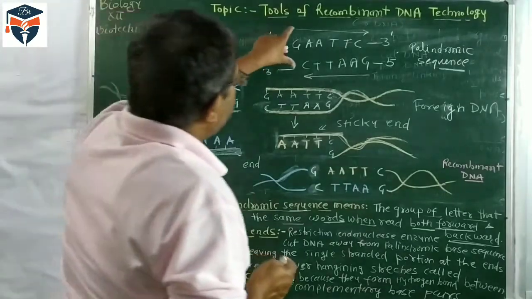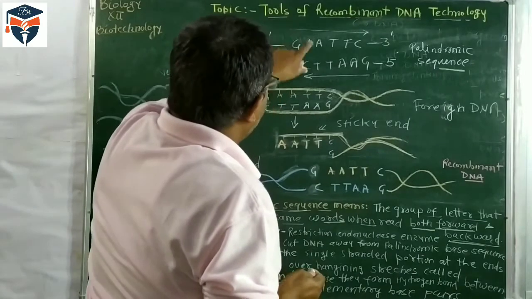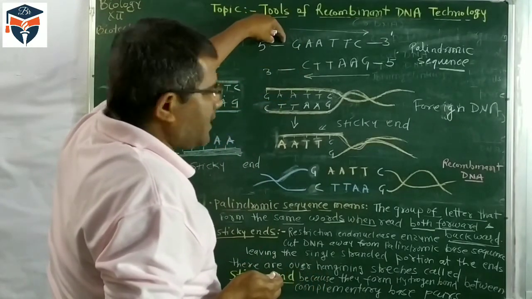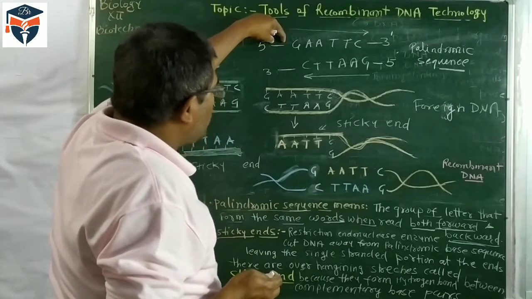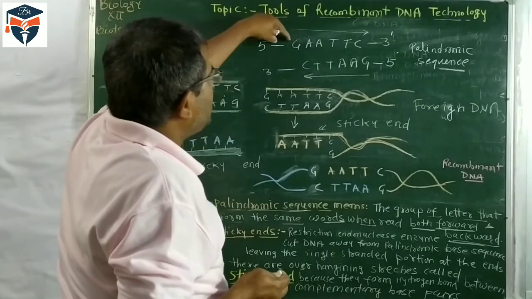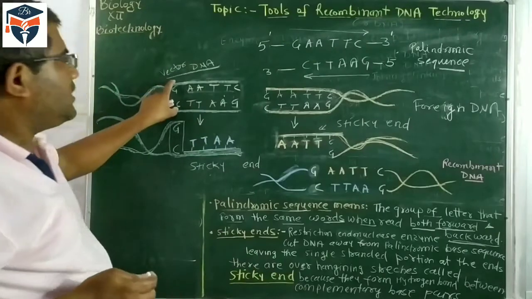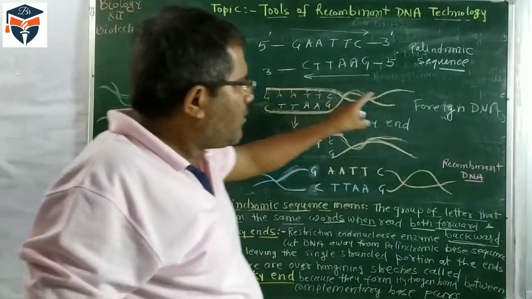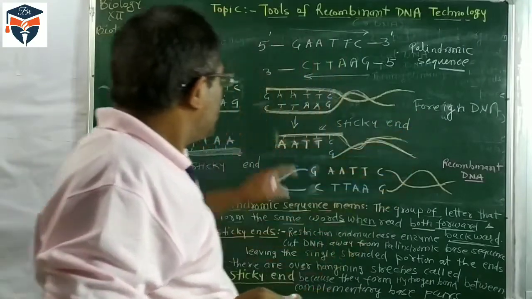Just know these palindromic base sequences, and when they are cut, there is a single strand portion away from the base pair. This is the vector DNA. This is the DNA we have taken from the foreign source.